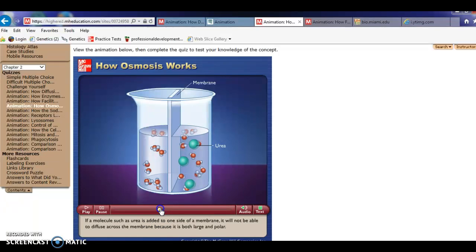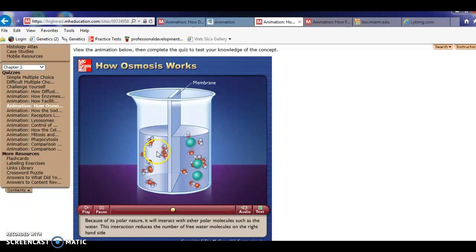There are things I would love to change about this animation, because they don't put any urea over here on the left-hand side. That means the concentration is 0 for the solute and 100% for solvent. Over here, there is definitely not 100% water. There is a concentration of solute particles, which in this case were the urea molecule.